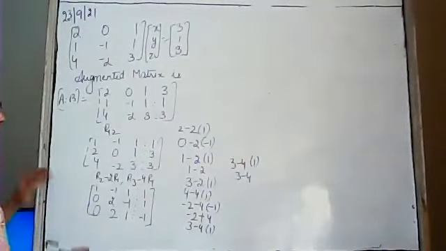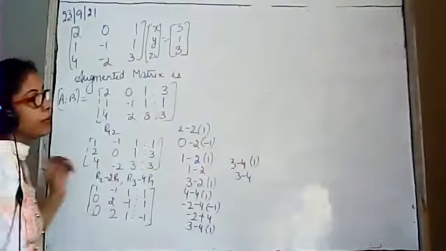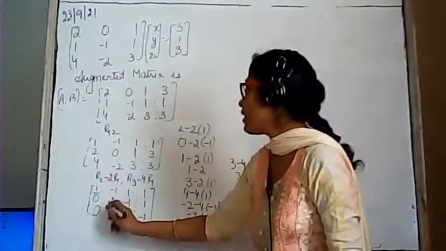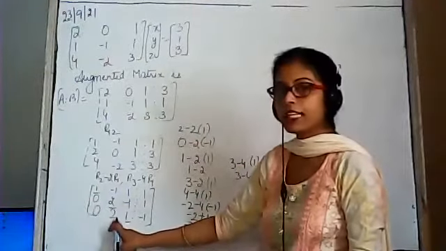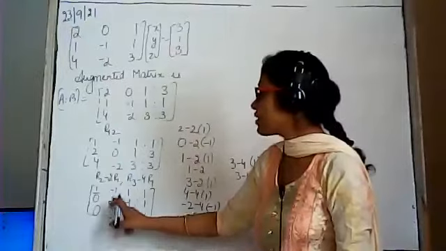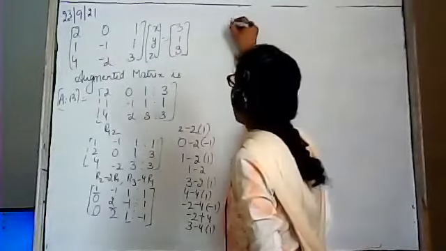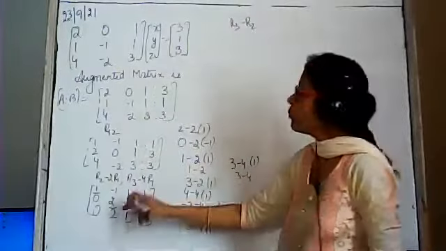Okay? So we have made these two elements 0 using row number 1. After that, look beta, these are the diagonal elements. These two have become 0. After that, we are to make this element 0. To make this element 0, we will be using row number 2. So next operation is R3 minus R2 because we are having 2 in both the rows.